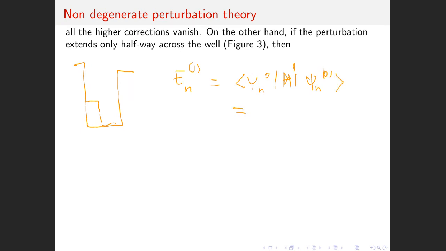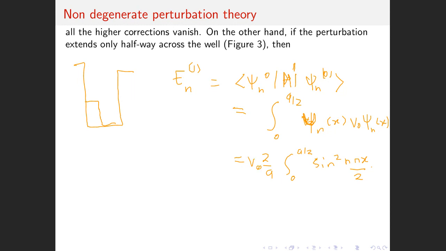This will give you, now you have to integrate from 0 to a over 2, V naught, I write everything out, psi_n of x V naught psi_n of x, which will give you 2 over a, integral from 0 to a over 2 of sine squared n pi x over a.